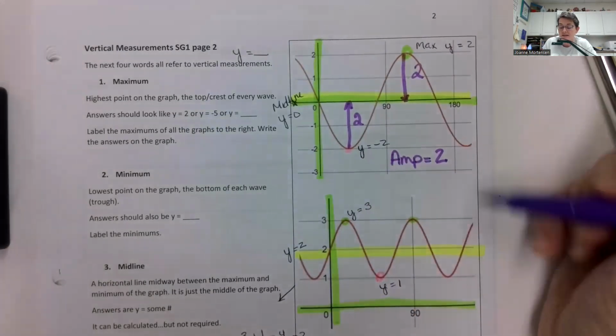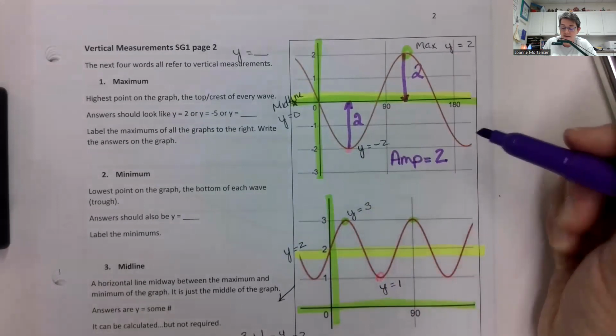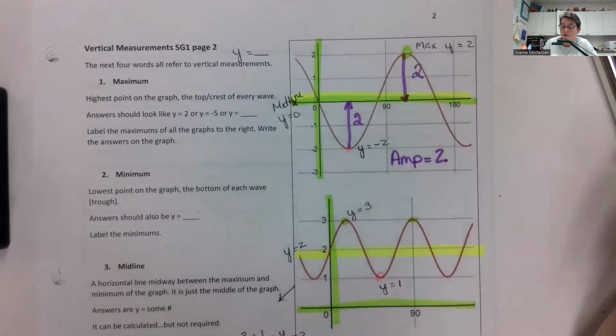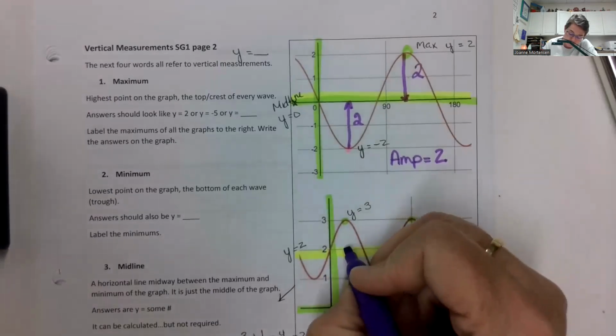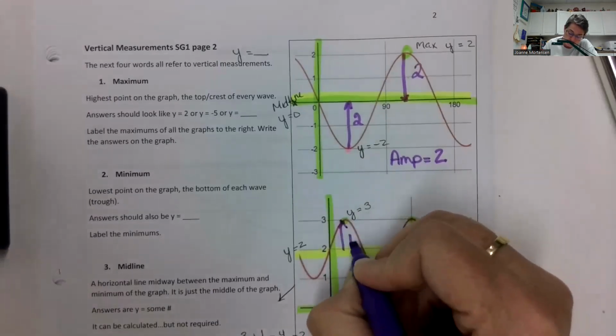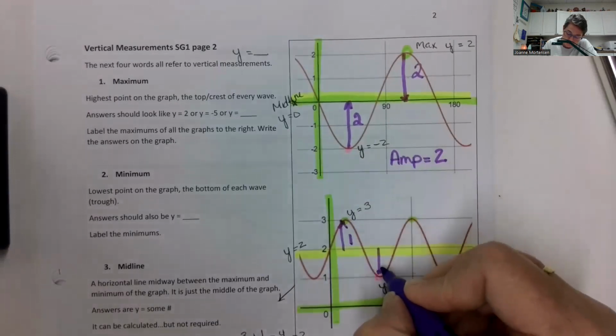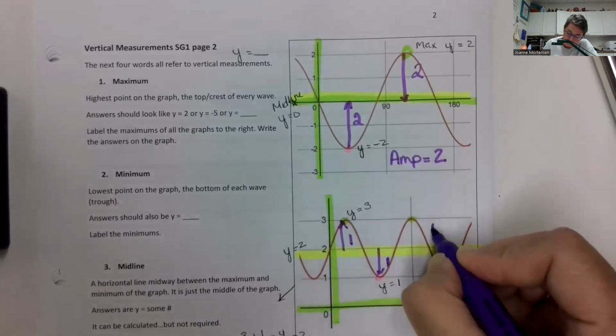For the record, it could go up 2.5, or my middle could be at 1.5 or something like that. But we're just learning, so I keep it real simple. All right, so here's my middle. I'm going to go up. That's 1. And down, that's 1.